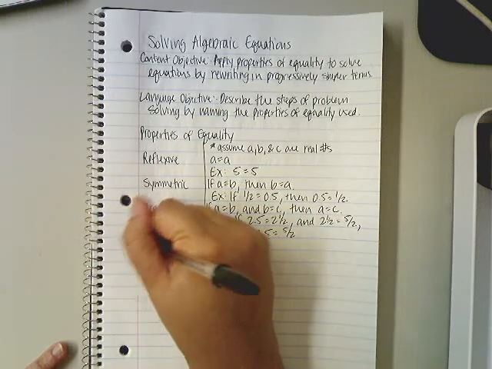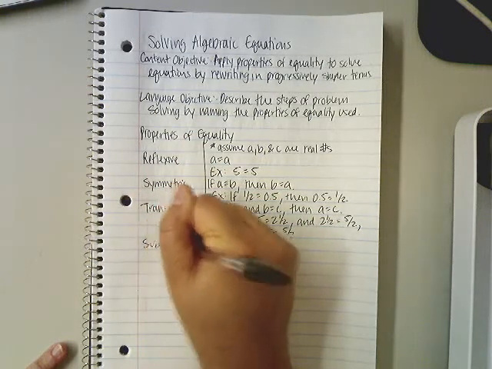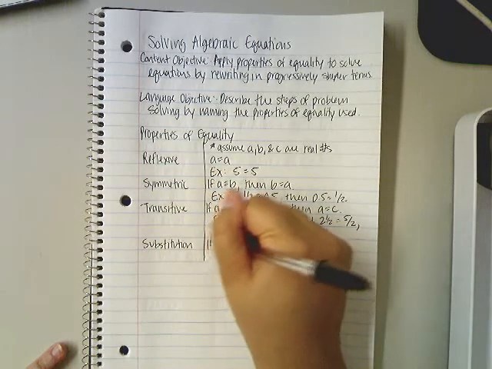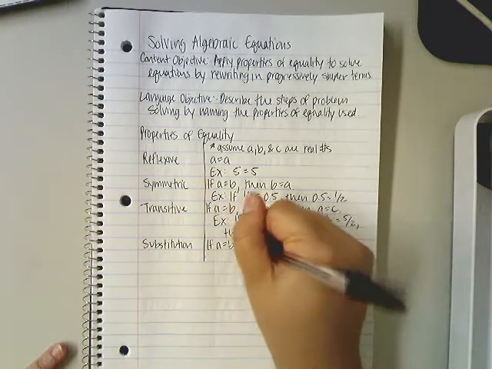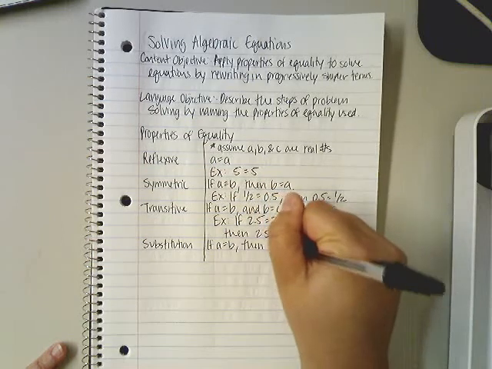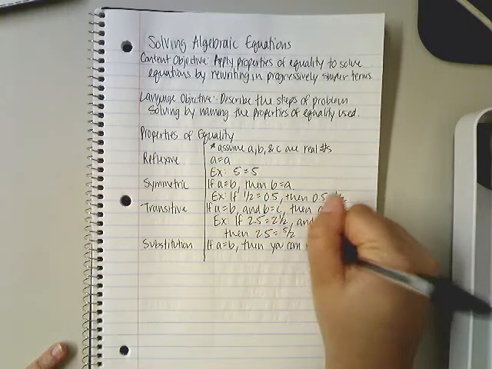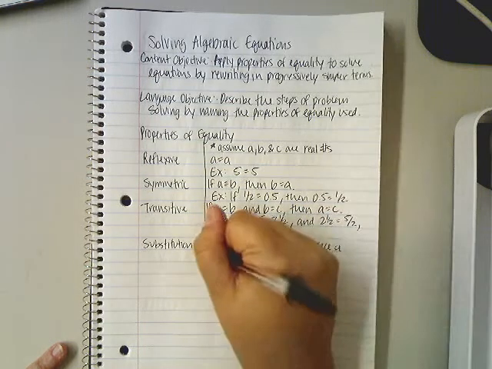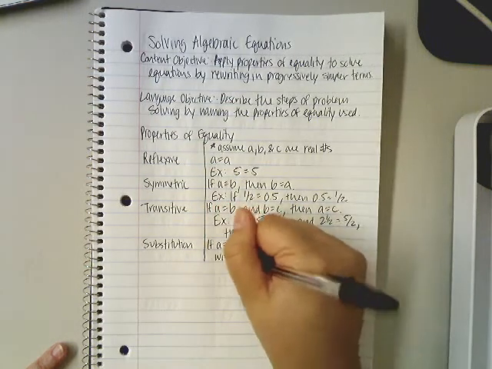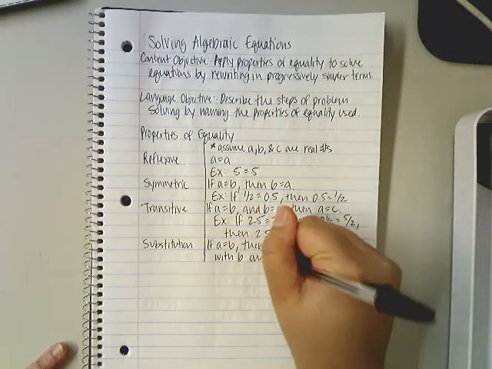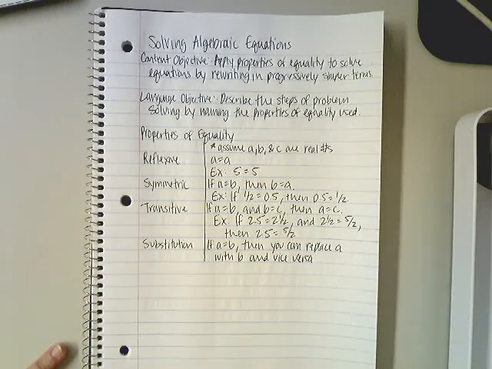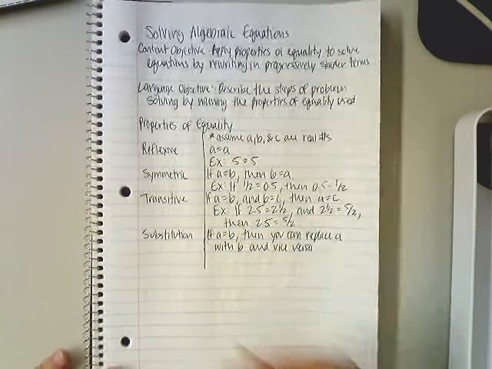The next one is substitution. So this says that if A is equal to B, then you can replace A with B, and vice versa. So A can be substituted for B, or B can be substituted for A, either way.